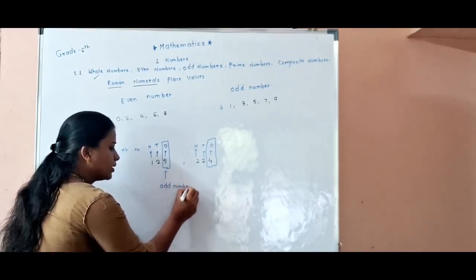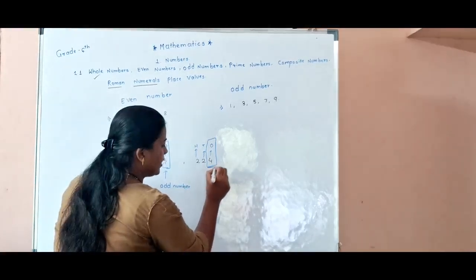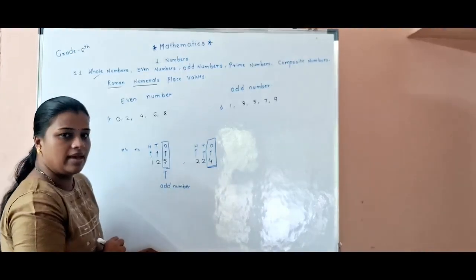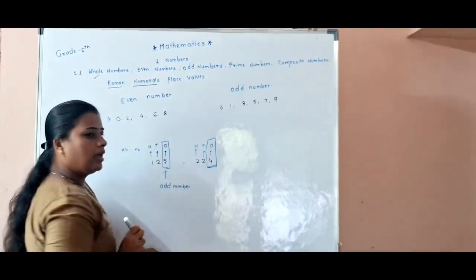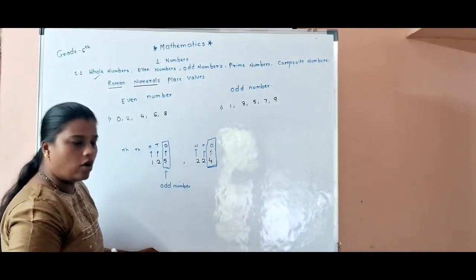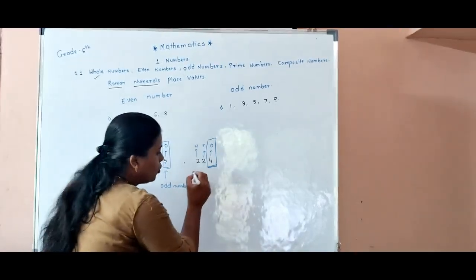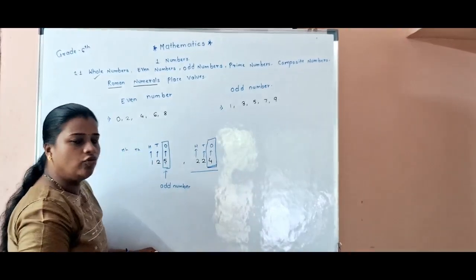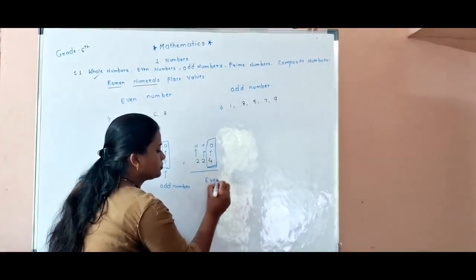Okay? Now this is 4, at the ones place. This 4 comes under the table of 2, or the 4 is divisible by 2, and therefore the whole number 24 is an even number.